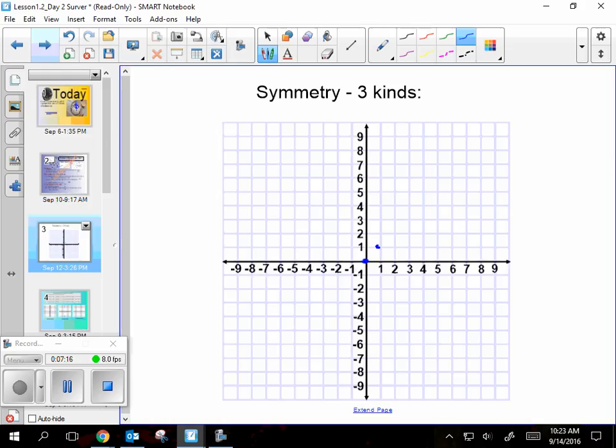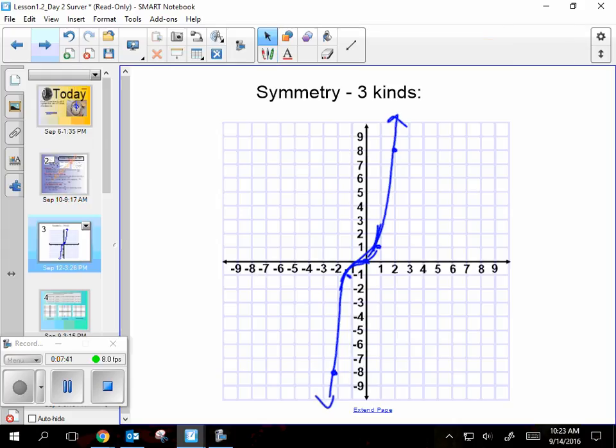This one, I think you'll recognize this graph. Remember that guy? X cubed, very good. Okay. I kind of made it straight in the middle there. It should be more curvy, but there we go. The x cubed graph has got some symmetry that you may never have investigated before.